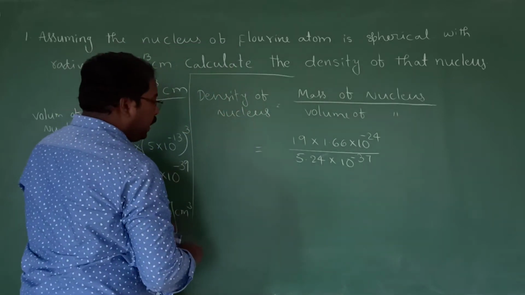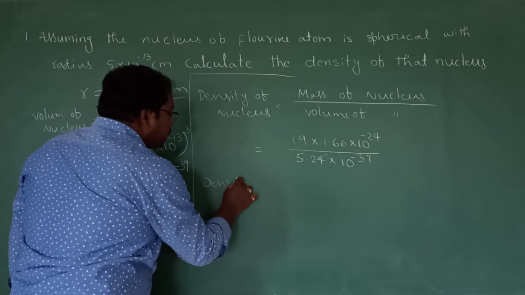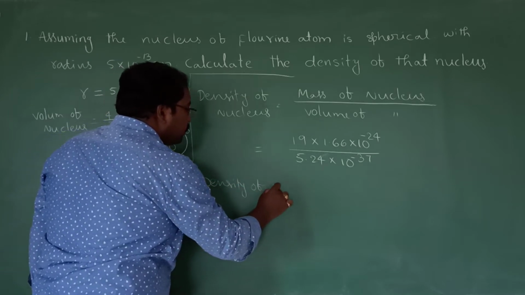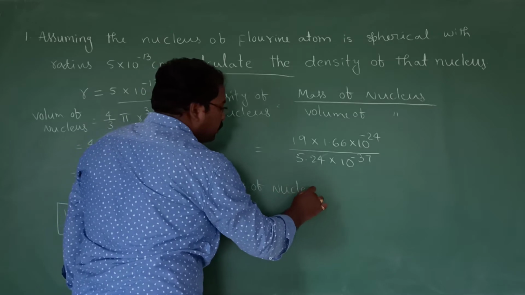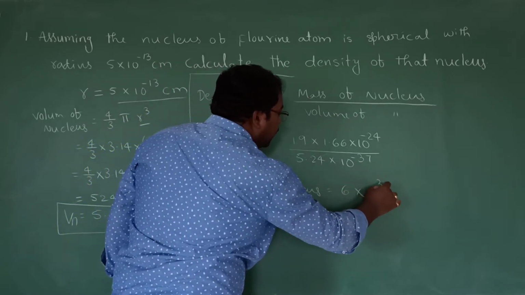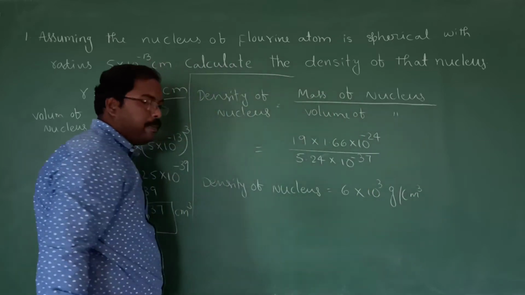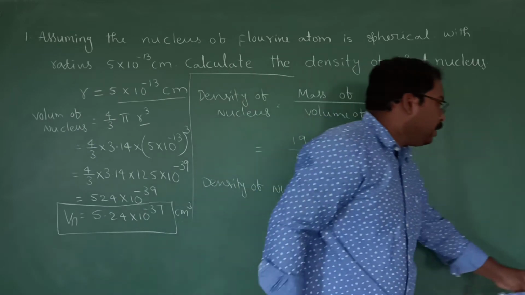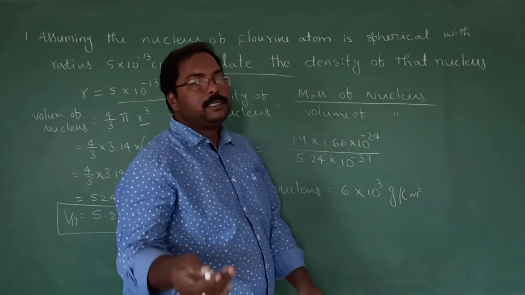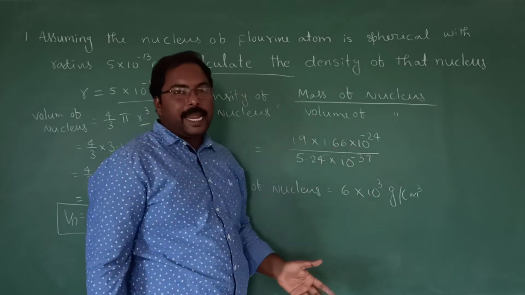So finally, density of nucleus is equal to 6 into 10 to the power 13, units what? Gram per centimeter cube. This multiplication and division I know you are able to do. Why am I not doing exact calculations?